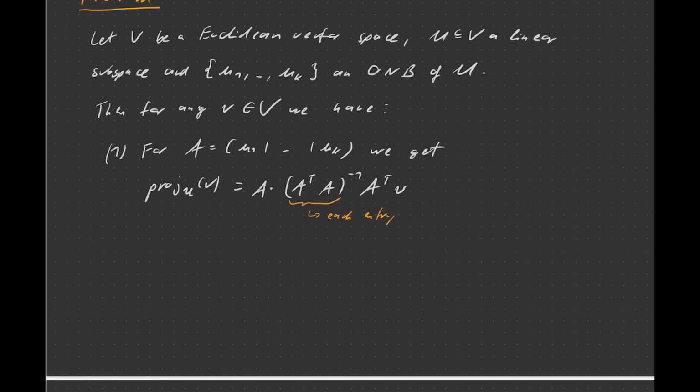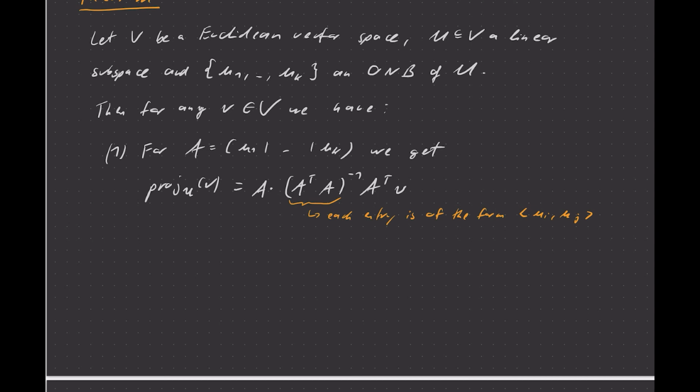Each entry is of the form Ui, Uj. And as this is an orthonormal basis, all these entries are 0 with the exception of Ui, Ui. When you take the scalar product of the same vector with itself, the result is 1.